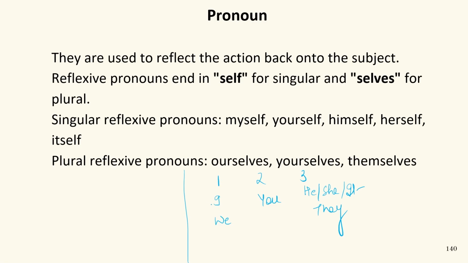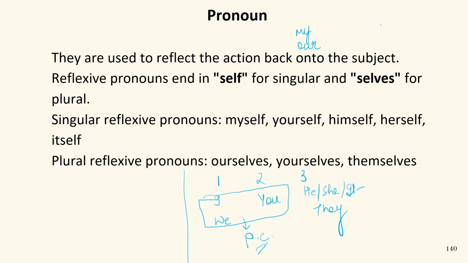Now we have some cases of them. For example, I, we, and you. This first and second person, I, we, and you, all of these have a possessive case. We have already learned the possessive case and objective case. The possessive case of I is my. The possessive case of we is our.